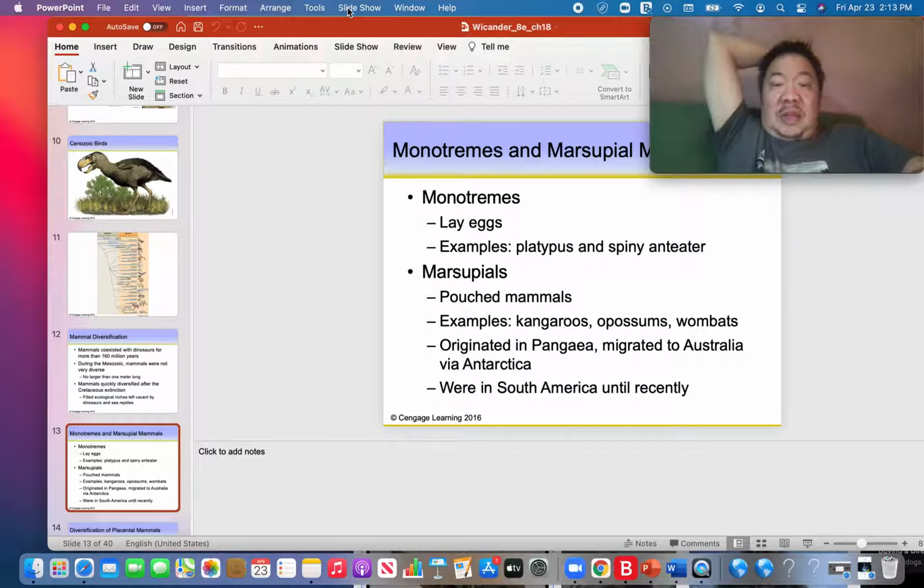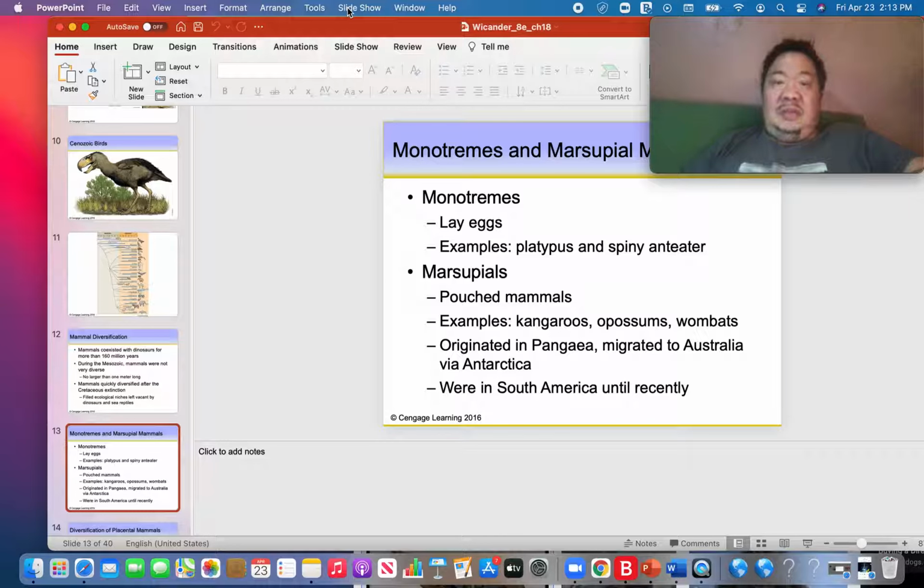But 90% of mammals today are placentals. And these are mammals where the mother has a food source within her womb called a placenta, and that allows the baby to be protected inside the mother instead of in a pouch, and grow to a more mature form before birth, giving it a higher chance of survival. And in biology, only the fittest survive.